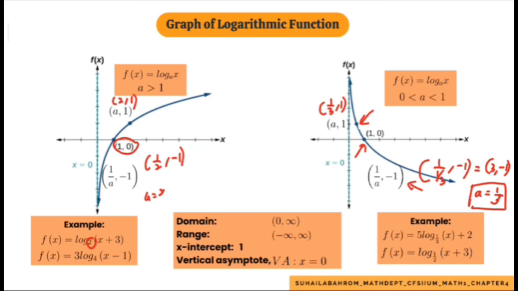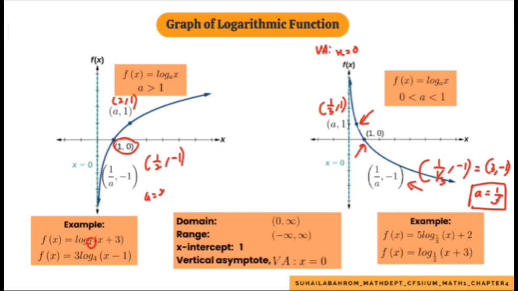Okay, so let's look at the properties of the log function. The log function has a domain from 0 to infinity, and the range is from negative infinity to infinity. Why is the domain from 0 to infinity? Because on the basic graph, we have a vertical asymptote at the line x is equivalent to 0.